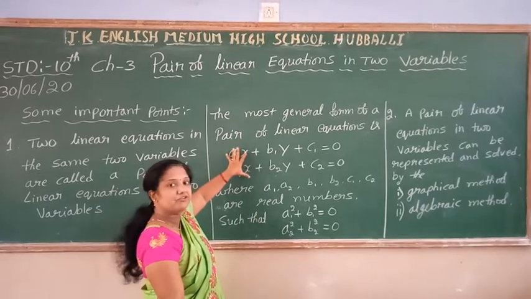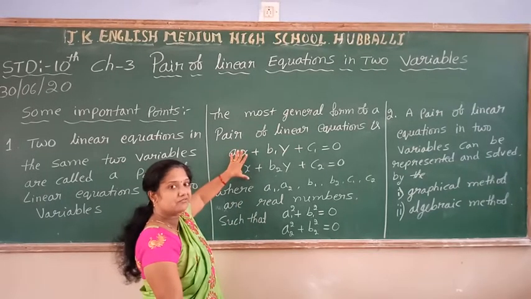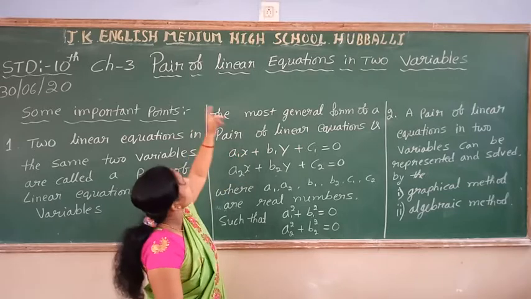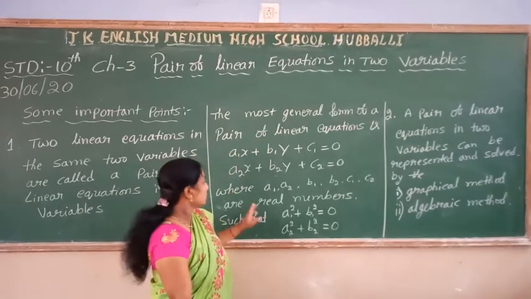Such a type of two linear equations of two variables, if we take them together, we are going to say it is a pair of linear equations in two variables.